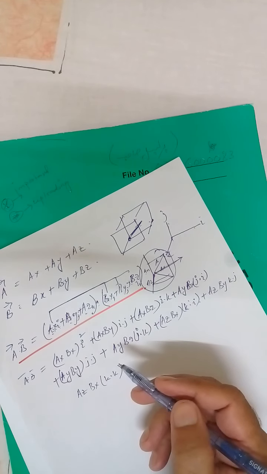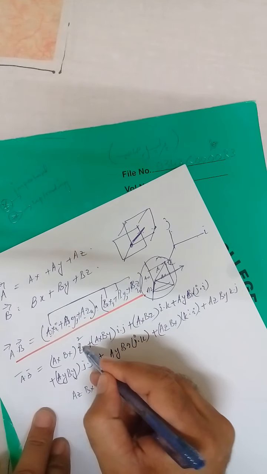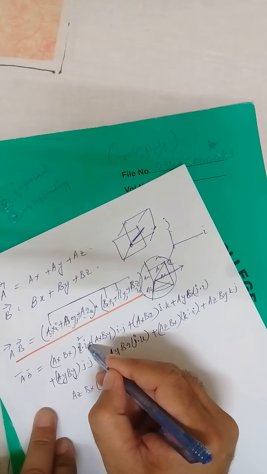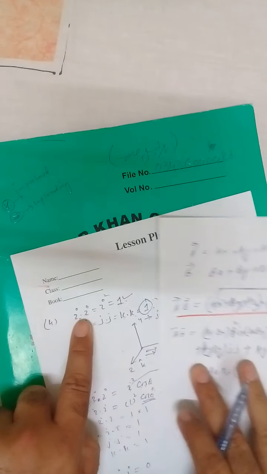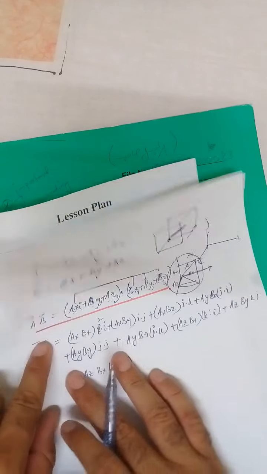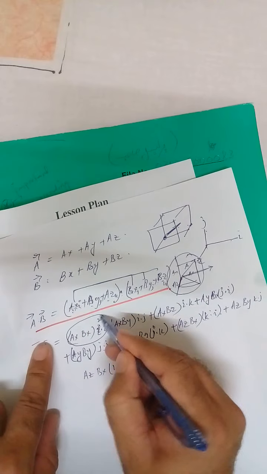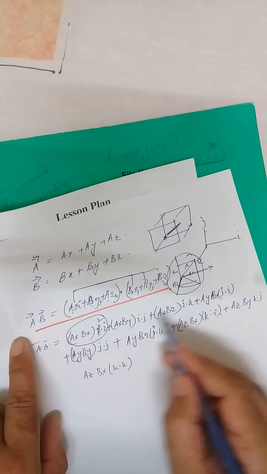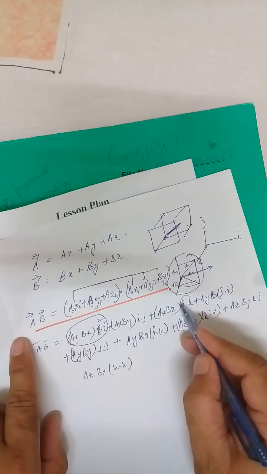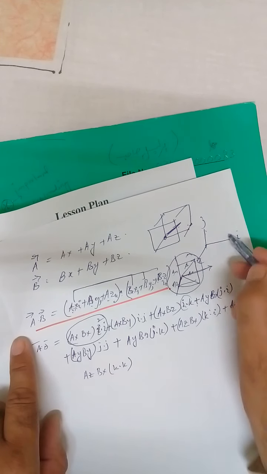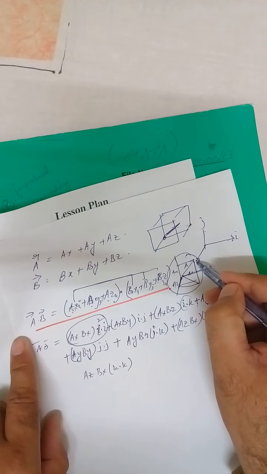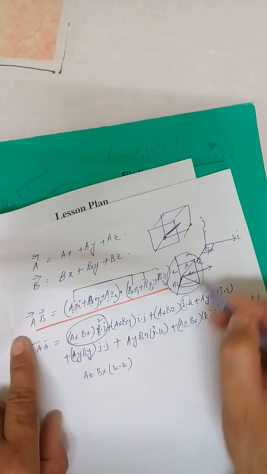Now gentlemen, look at this one. i dot i is equal to 1, as we have studied. And i dot j, i dot k: when you remove the dot, it becomes cos theta. i dot k is equal to i k cos theta, and i is along the i axis and this is k, so the angle is 90, cos 90 is equal to 0.